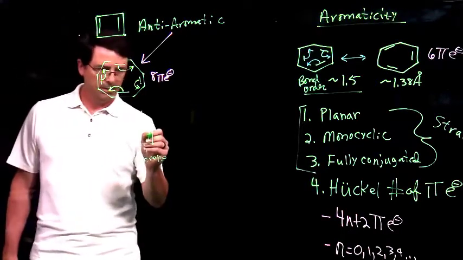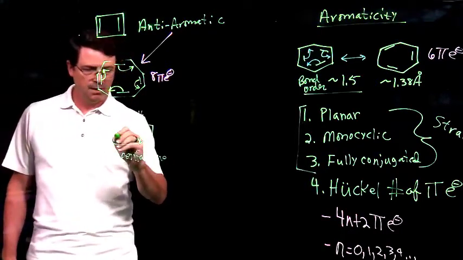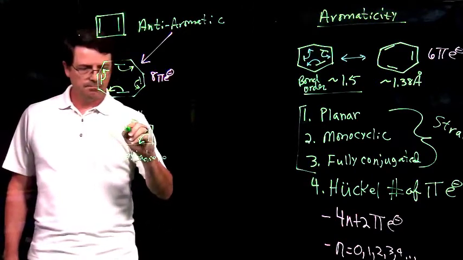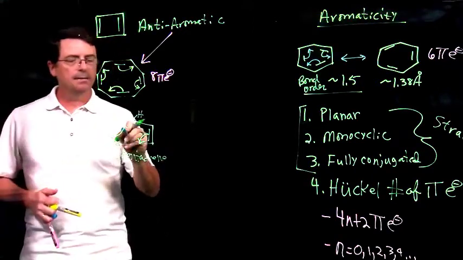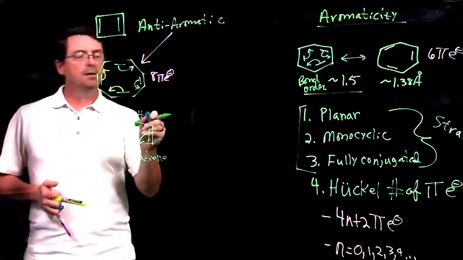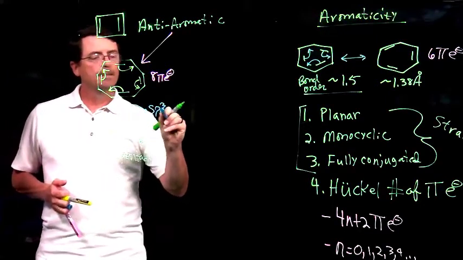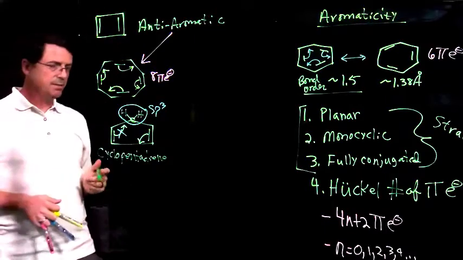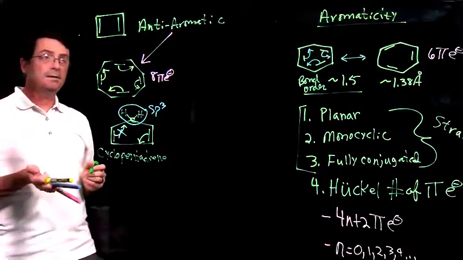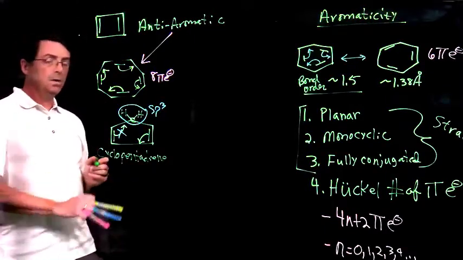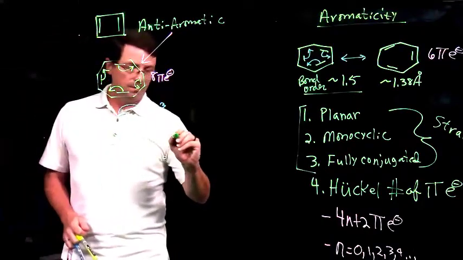Well, I can certainly push the arrow like this, but this one, well, we can't really do that, right? Because that's an sp3 carbon, so it is not fully conjugated. So it is neither anti-aromatic nor aromatic, and hence my term, neither.